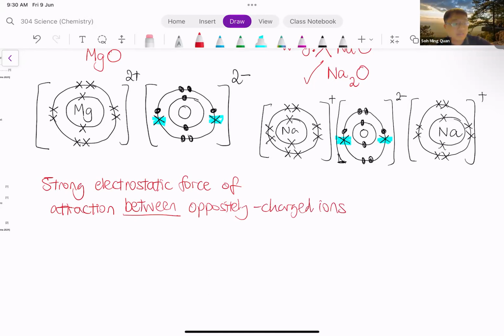So what is electrostatic? This word electrostatic means positive attracts negative. Electrostatic just means positive ions attracting negative ions. And this is an electrostatic force of attraction. Now let's take this down.